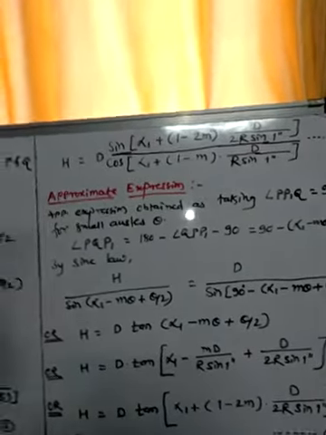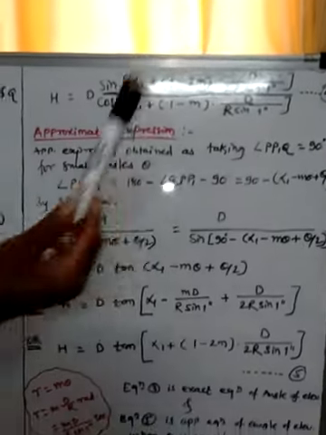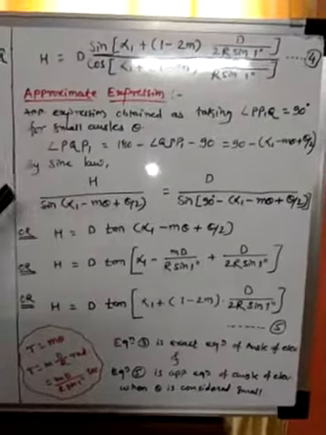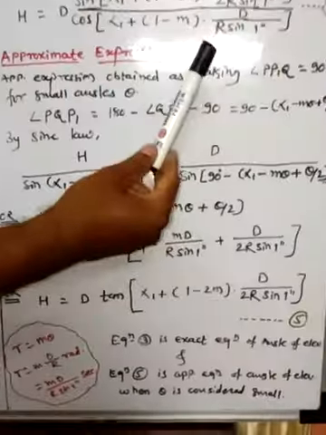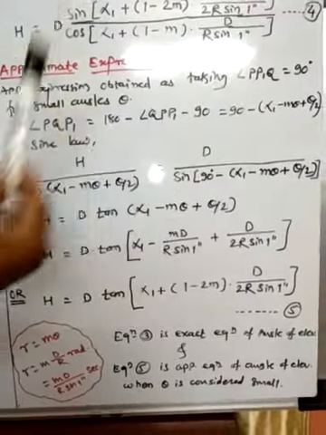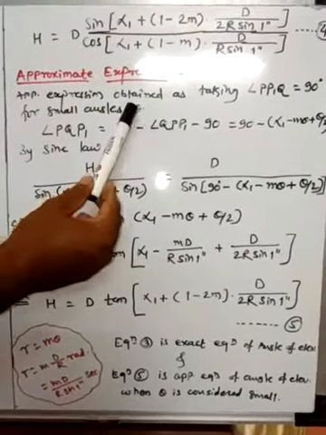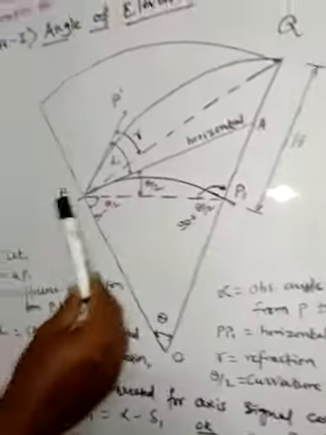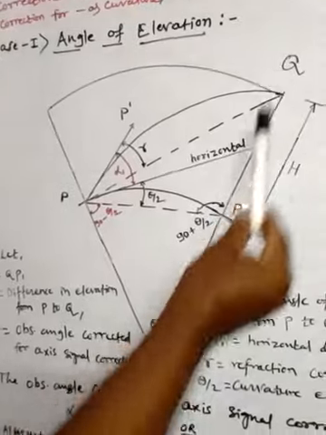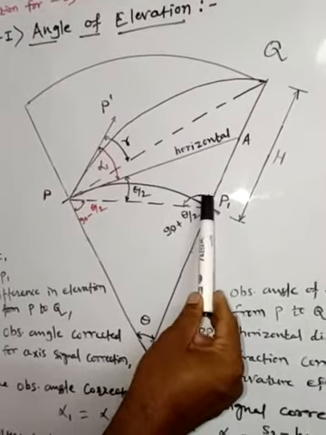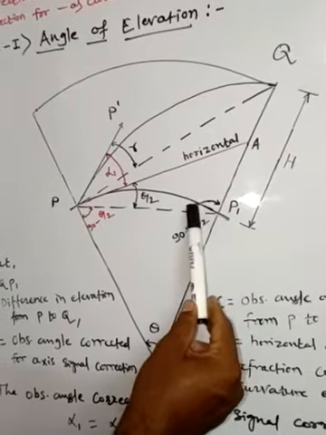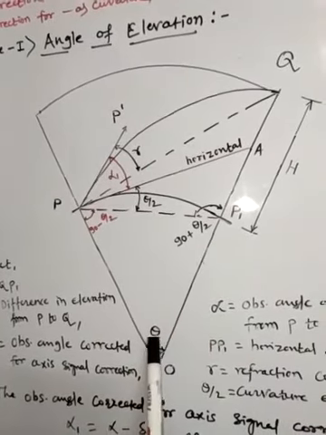Okay, then what about the approximate expression? This approximate expression is obtained by taking angle P1Q as 90 degrees for small angles of theta. Let's see the diagram. What about angle P1Q? For these small angles, it is taken as approximately 90.